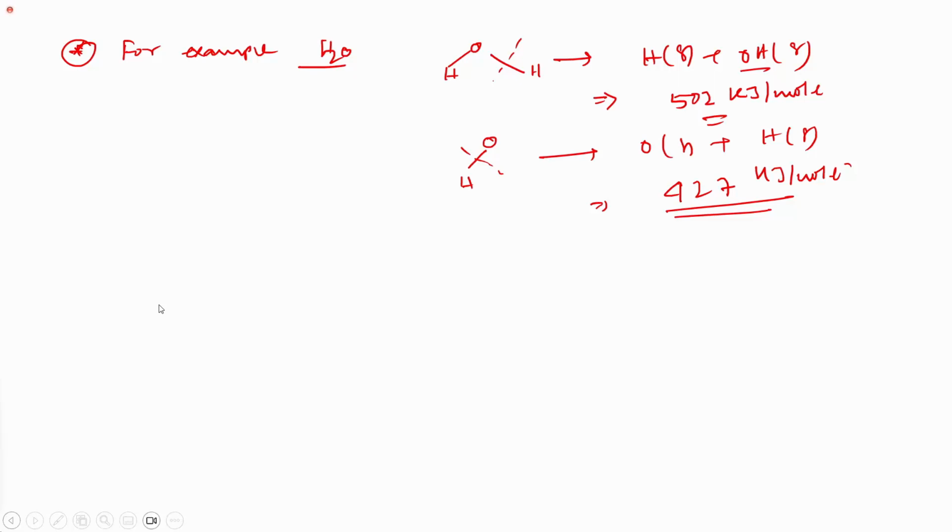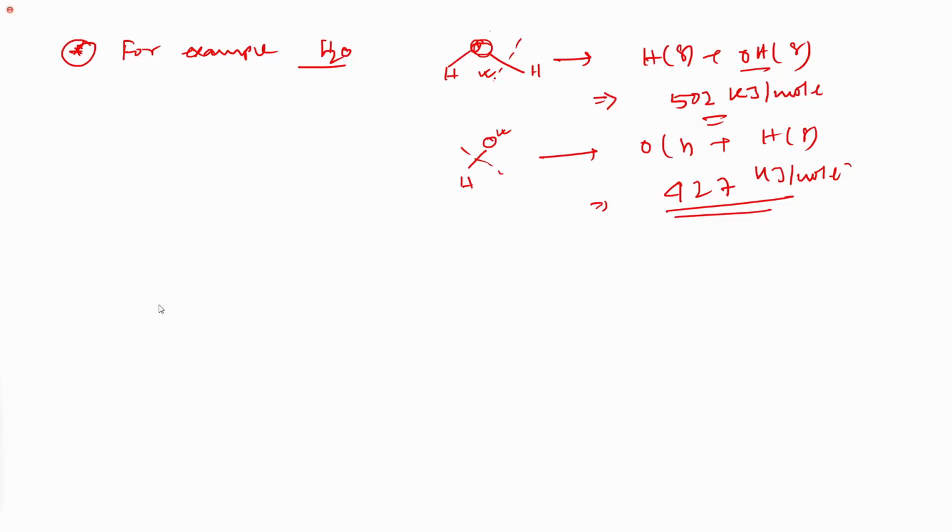So from the bond enthalpy value, we can easily say that the two OH bonds are not similar; they are different. Now the question is why. Because in the water molecule, the electron density and electronic environment for each oxygen-hydrogen bond is different. Due to the different electronic environments, the bond strength will be different.